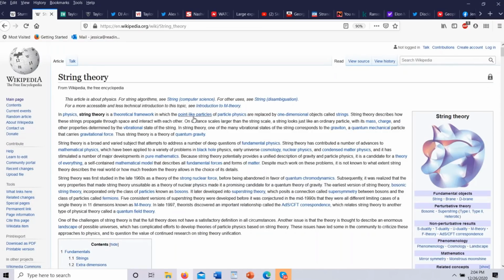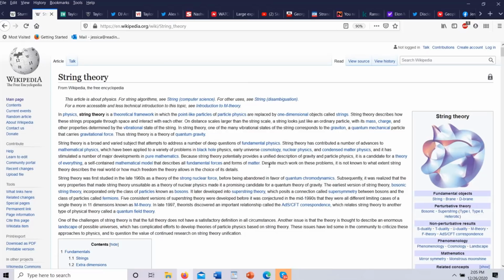String theory is a theory in which the point-like particles of particle physics are replaced by one-dimensional objects called strings. String theory describes how these strings propagate through space and interact with one another. On a distance scale larger than the string scale, a string looks just like an ordinary particle, with its mass, charge and other properties determined by the vibrational state of the string.